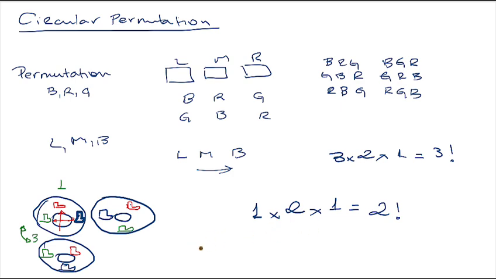At the end of the day, for circular permutation, you always have to discount the person or the element that sat or was positioned first. So for a circular permutation, the formula is not n factorial anymore as in the linear permutation, but is actually n minus 1 factorial. Okay?